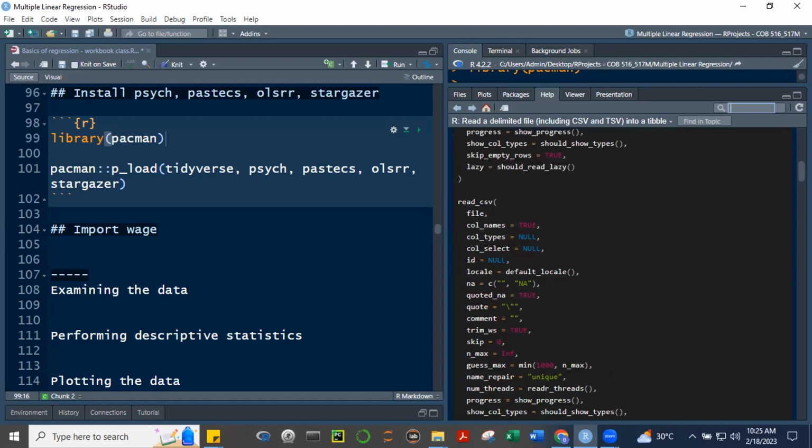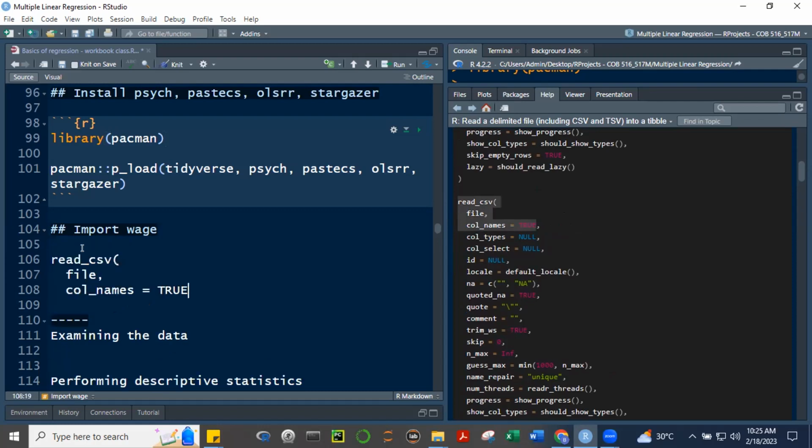Okay. Column names is equal to true. Ibig sabihin, may mga headers ba yung data natin? Okay, so let's import, no? Okay, copy lang natin to. Yung column types, kasi pwede nating sabihin kung anong type dapat yung mga columns.